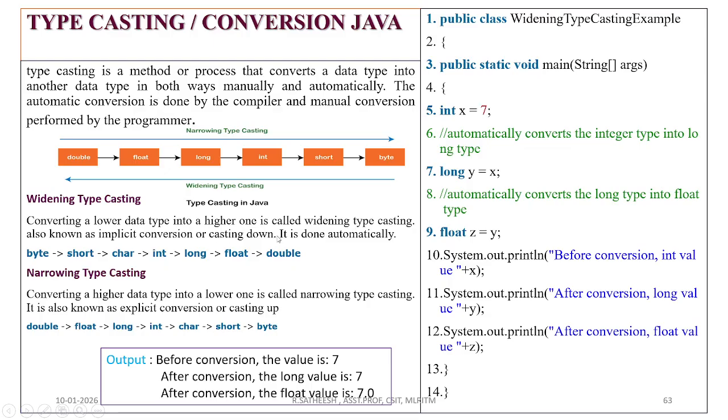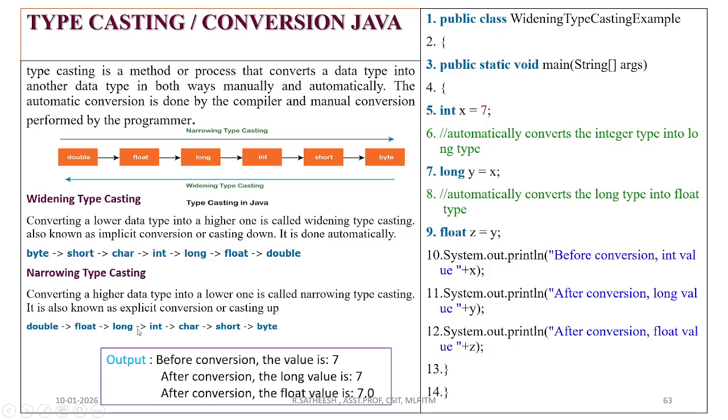We can also call it implicit conversion or casting down. This is done automatically, we need not do anything. If your value is byte, it can be easily assigned to short, int, long, then float, double, no problem.